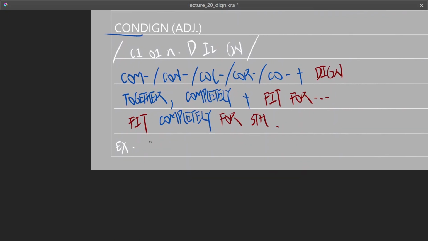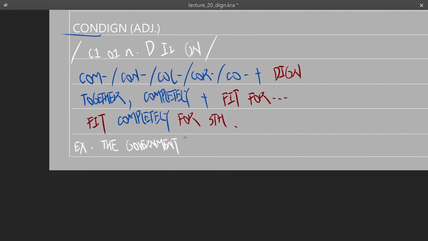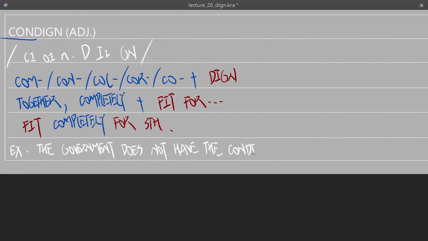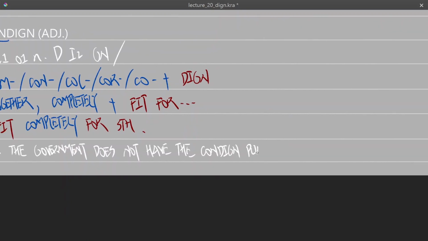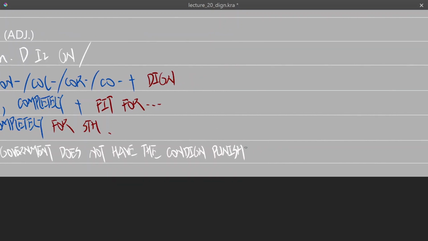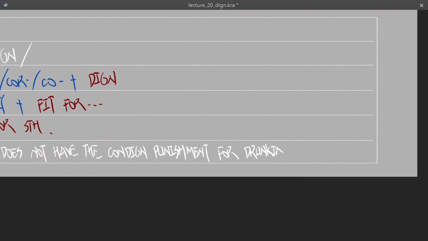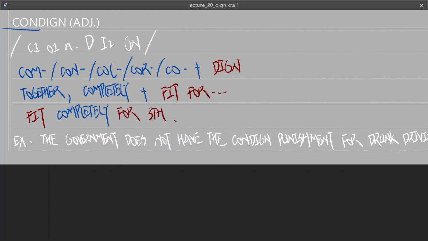Let's say the government does not have condign punishment for drunk driving.